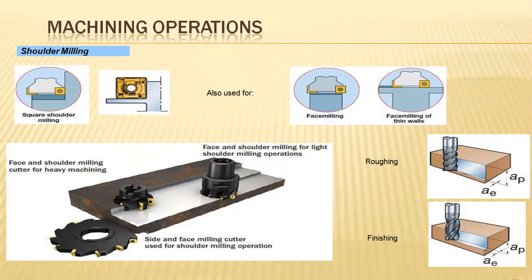These are the light shoulder milling operations which have the cutting sections particularly used for the shoulder milling process. These have the capability of getting a good finishing structure or surface finish after the removal, and even a rough type of strategy in the case of this milling.